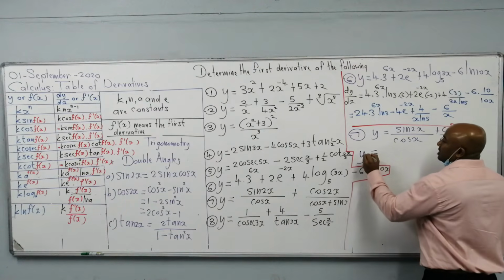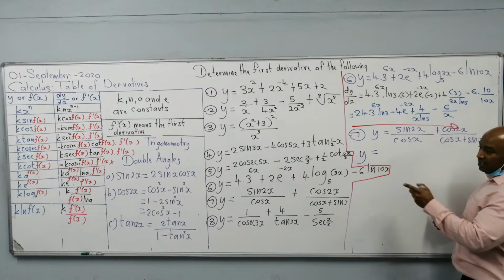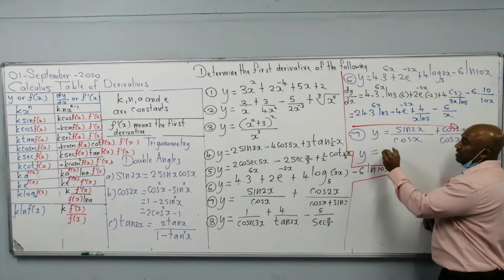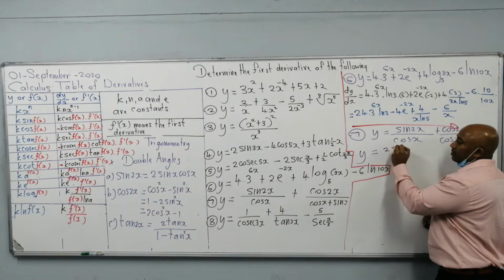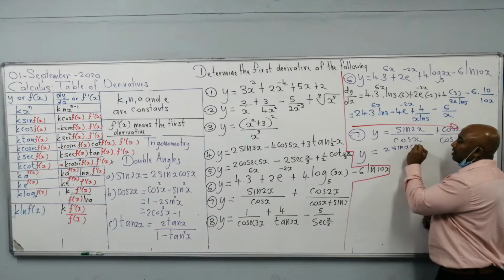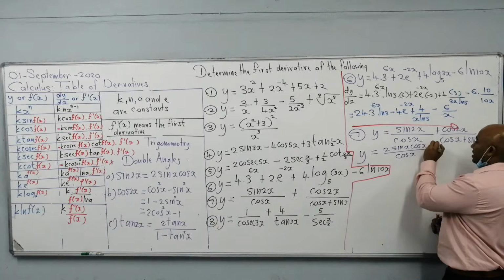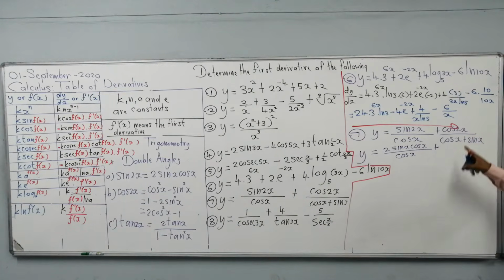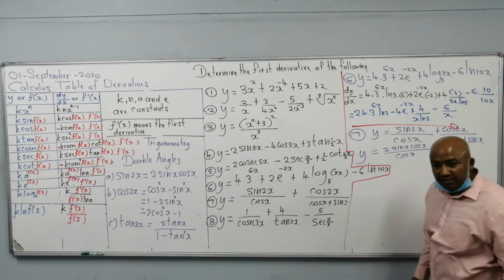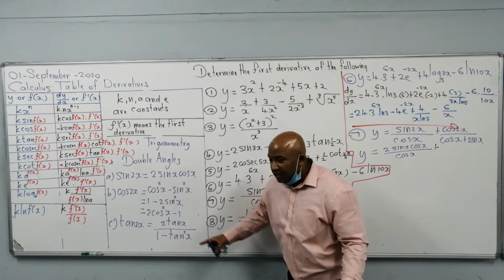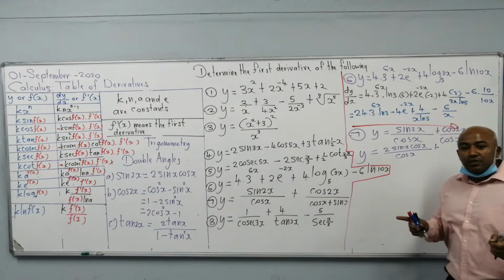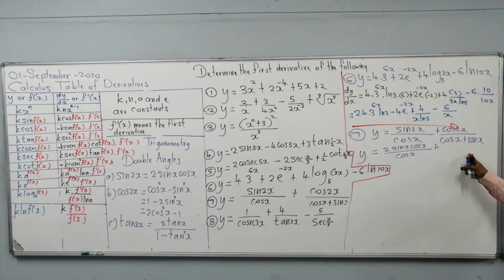So I've got y is equal to sine 2x. There's only one formula for sine 2x, which is 2 sine x cos x, all divided by cos x. Okay, now cos 2x, there's 3 formulas for cos 2x. Which one is best suited for this example?